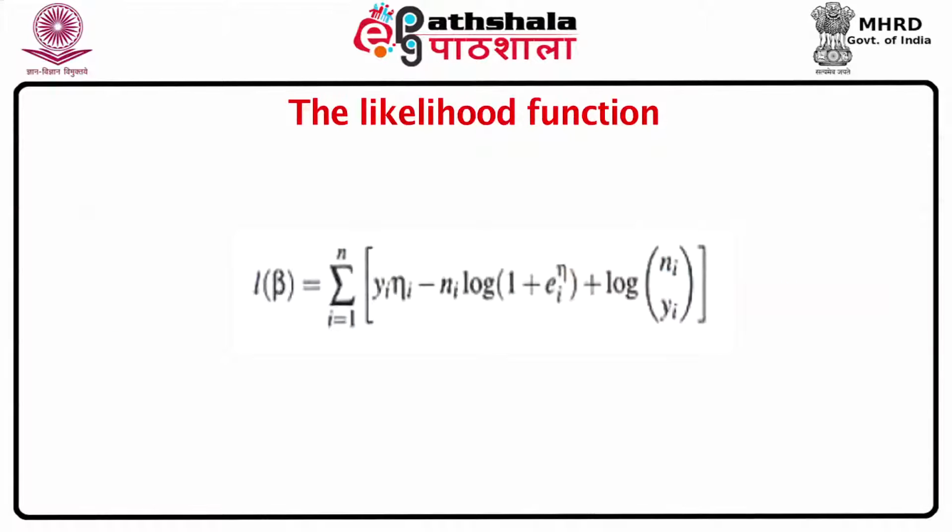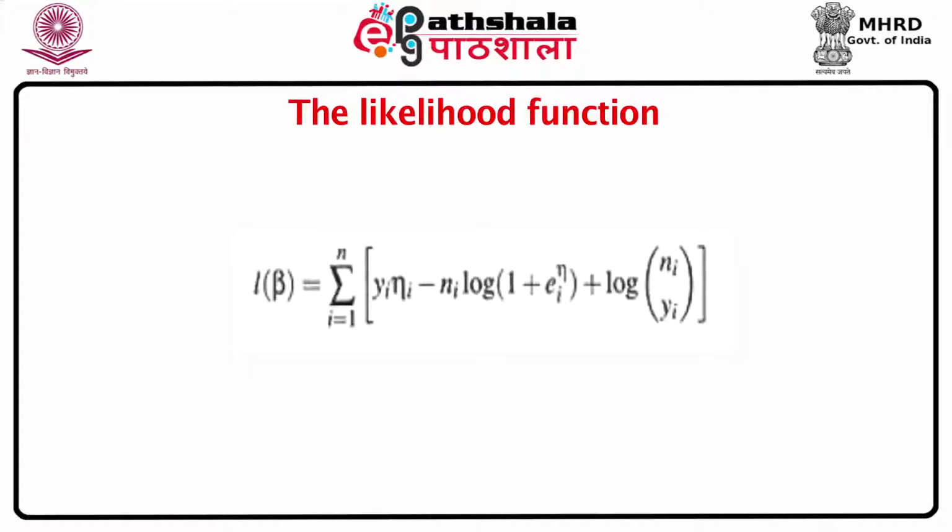Now, here I have written the log likelihood function in terms of the predictors. So this is the same log likelihood function which arises from the binomial likelihood, whereas in an earlier slide we had seen this written in terms of the p_i's. The moment I am able to relate p to eta, I am able to write the likelihood function in terms of eta.